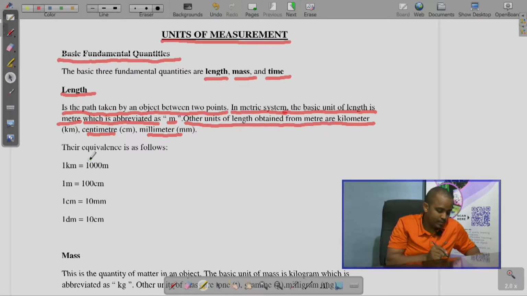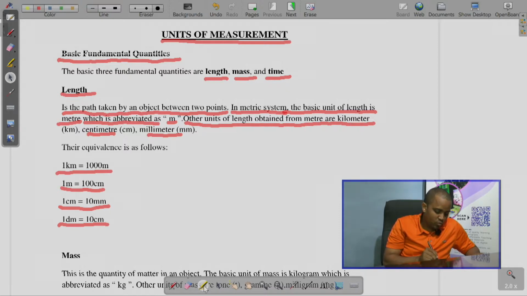As you see, 1 kilometer always equals 1000 meter, and also 1 meter equals 100 centimeter, and also 1 centimeter equals 10 millimeter, and also 1 decimeter equals 10 centimeter.